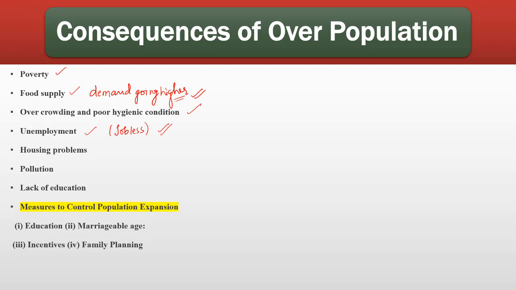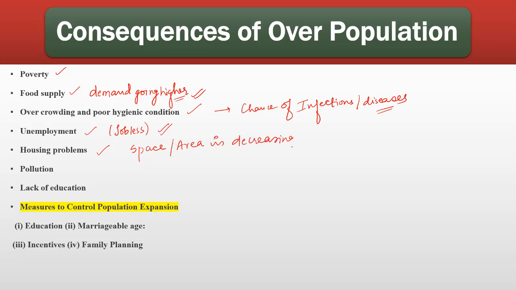Overcrowding and poor hygienic conditions lead to a chance of infections and diseases. Housing problems: the space area is decreasing, and so is its carrying capacity.